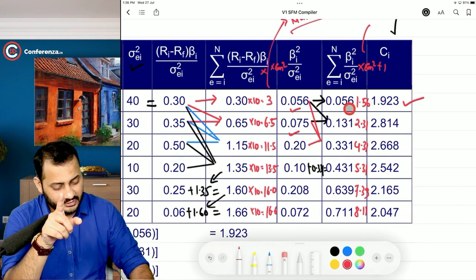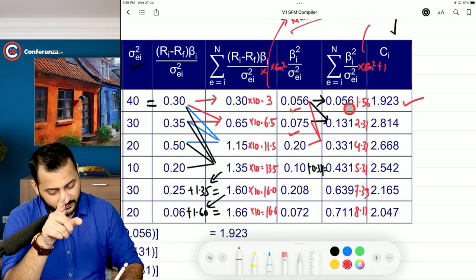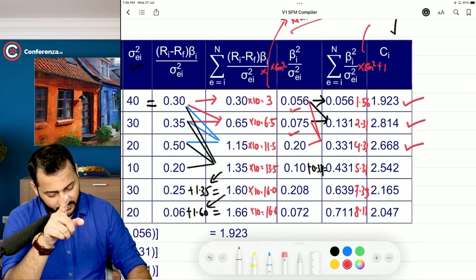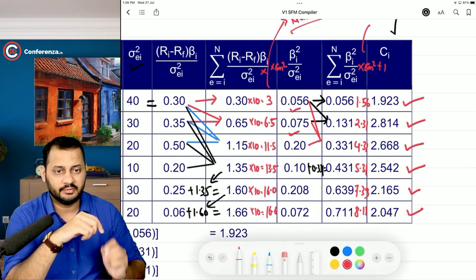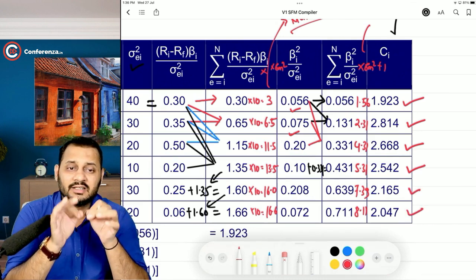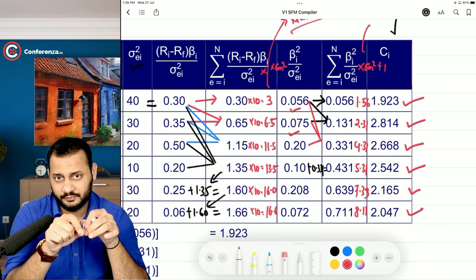Right. Then 6.5 divided by 2.31, 2.814. 11.5 divided by 4.31, 2.668. 13.5 divided by 5.31, 2.542. And all the figures can be calculated like this. These are the values of C.